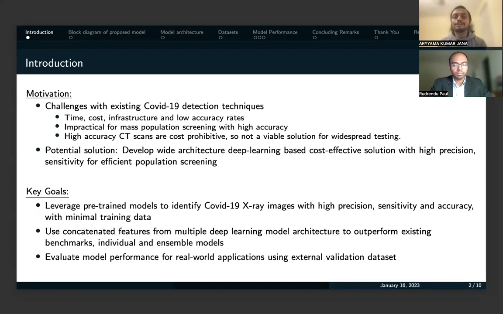And most of the administrative authorities in various countries throughout the world still depend on the COVID-19 testing techniques to mitigate this challenge. One of the serious issues that comes to my mind is during air travel.